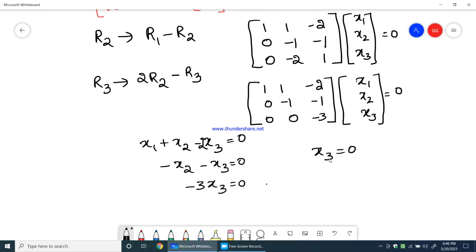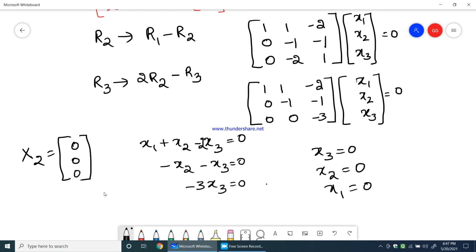Due to that, x2 is also equal to 0, and since x3 and x2 are 0, x1 will also be equal to 0. Therefore the second vector is equal to 0, 0, 0.